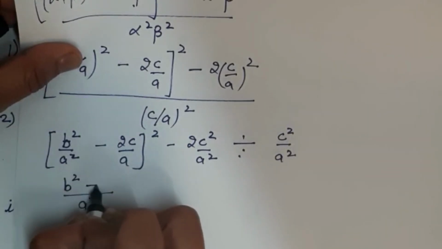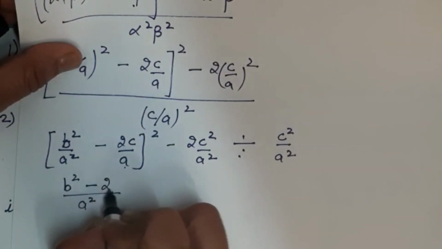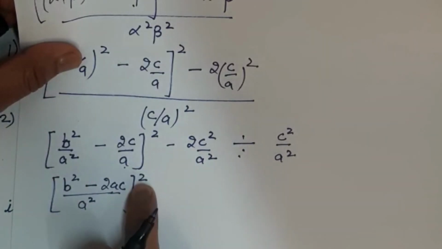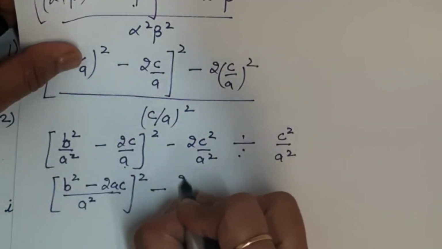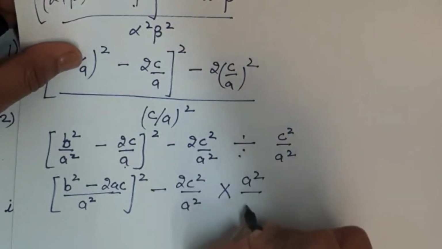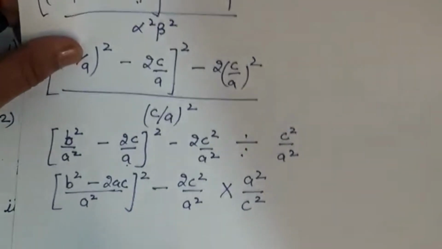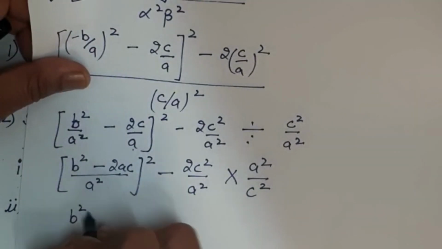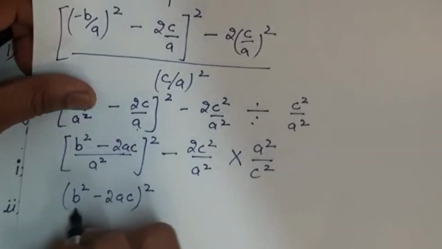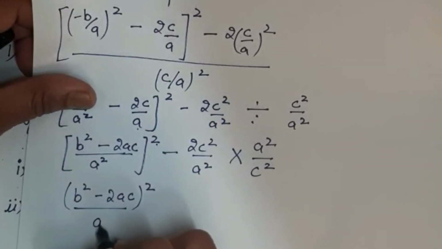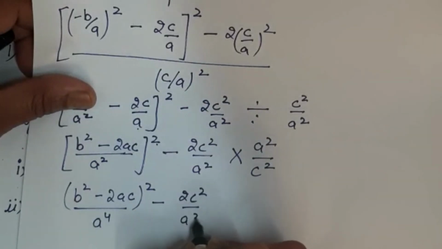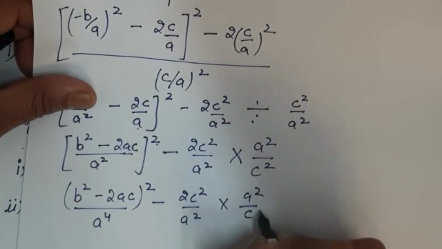Okay, b square minus 2ac whole square, don't forget to put the square, minus 2c square upon a square, multiply a square up, c square goes down. Okay, now b square minus 2ac whole square, this a square and a square come out to be a to the power 4, minus 2c square a square, multiply a square upon c square.